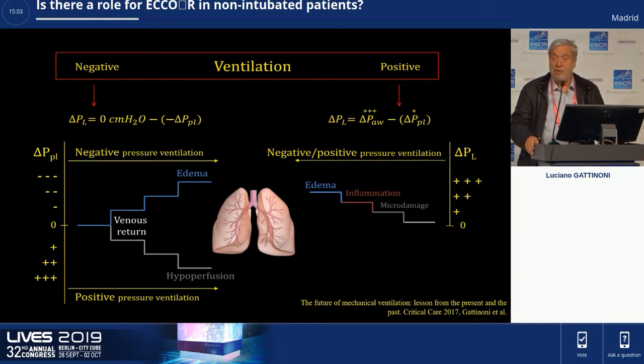If we use positive pressure ventilation, we can do whatever we want, but any time we touch a knob of the ventilator, we change the hemodynamics because the pleural pressure tends to become more positive.